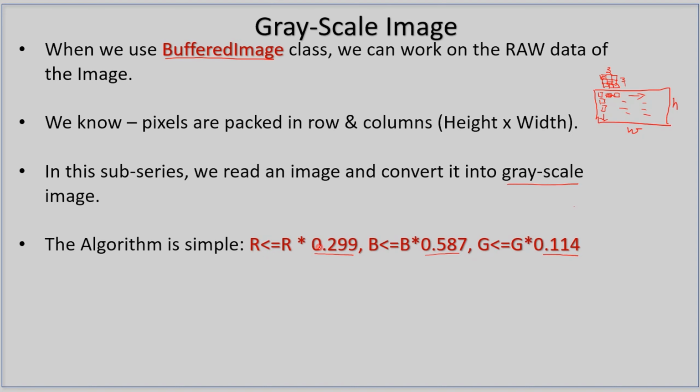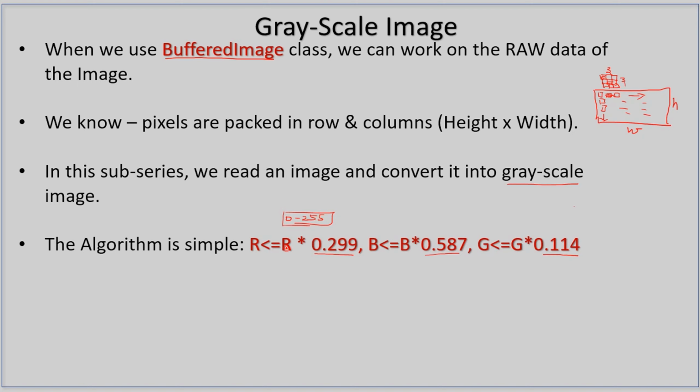Here, if you see red, we will be reading from the existing image pixel component. A pixel is a combination of red, green, blue color information. So we read red and we multiply that. Each color value will range from 0 to 255, and when you multiply this, we will be getting a value between 0 and 255.